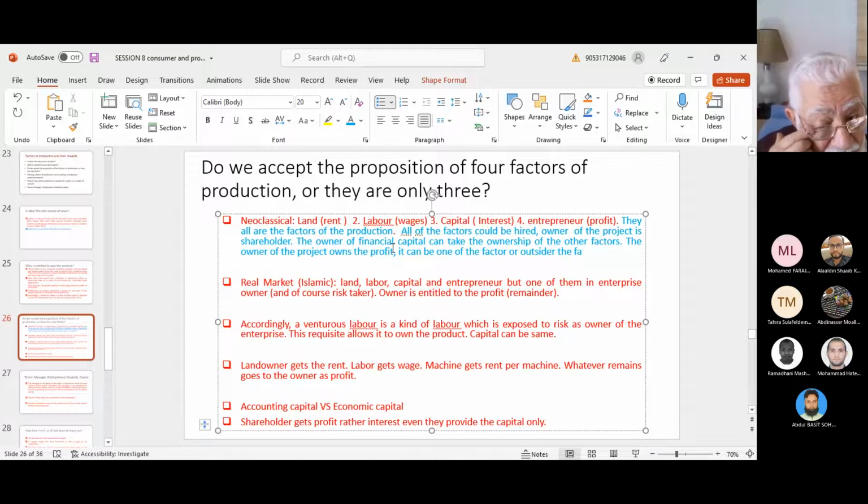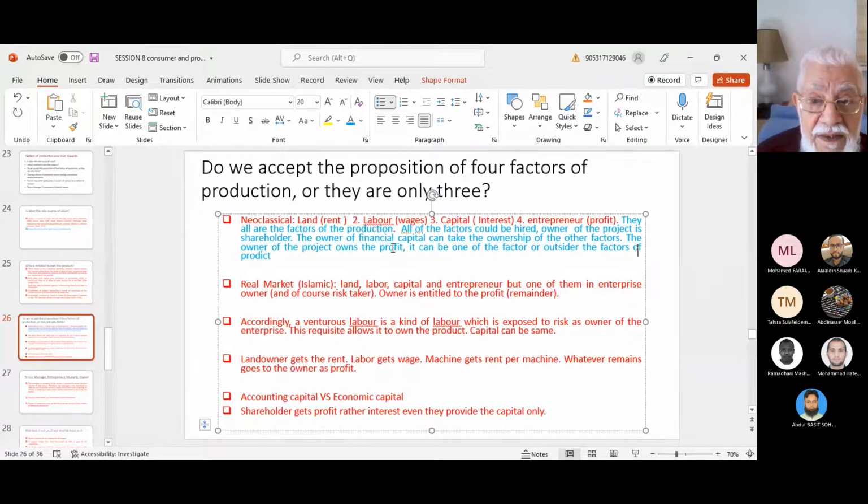Which is an important change, really, of the conventional theory, recognizing the ownership as the factor that deserves profit, and also as the main factor in production, which may be one of the factors of production, or maybe outside the factors of production, or maybe also a combination of two factors together.